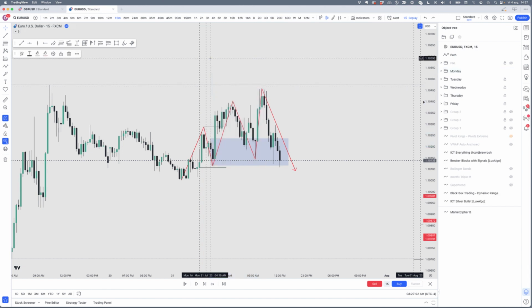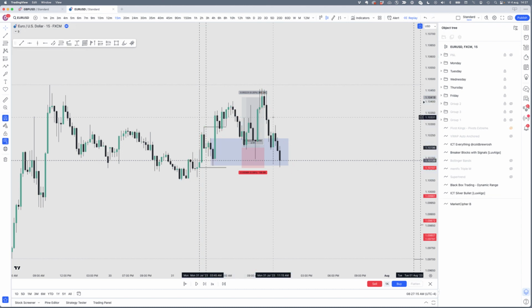So the question is, do you go for the extreme zone and with the possibility you miss the trade or not? So this absolutely could have been a winner, but the question is, would I have taken it? So to be fair and honest about that.